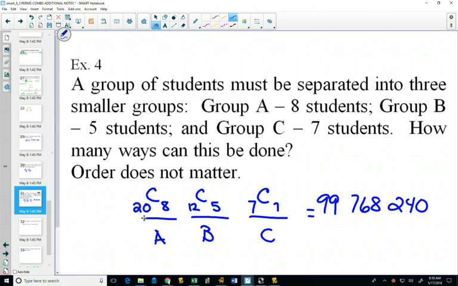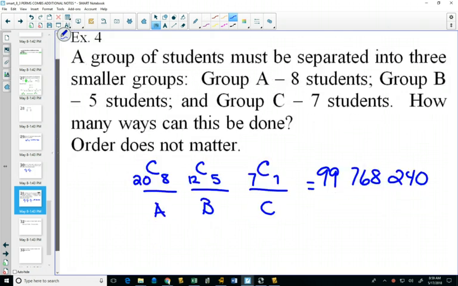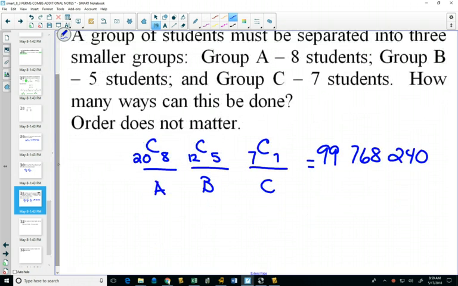Now, another way of thinking about this same question. I decide instead I am going to line up my class from shortest to tallest, and then I am going to cut out 8 letter A's, 5 letter B's, and 7 letter C's.